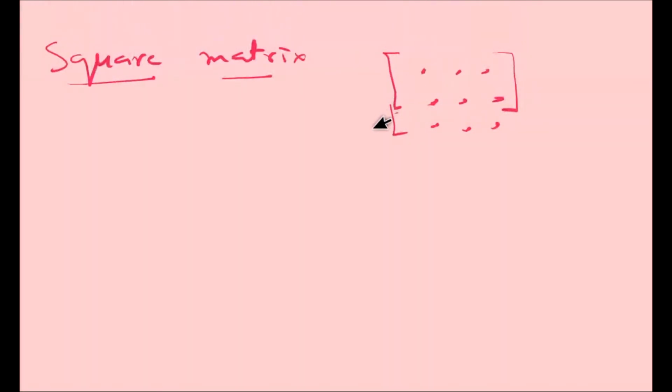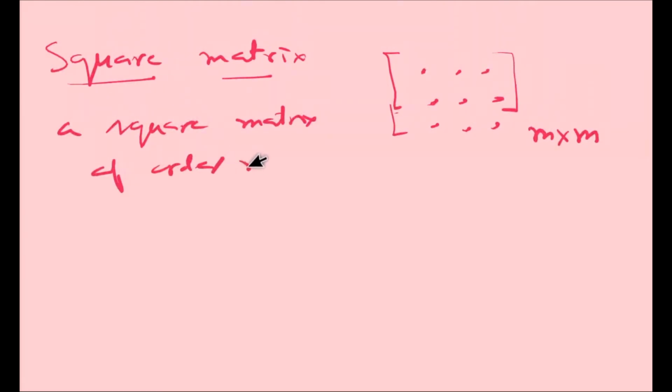If the order is m into m, generally it is known as a square matrix of order m.